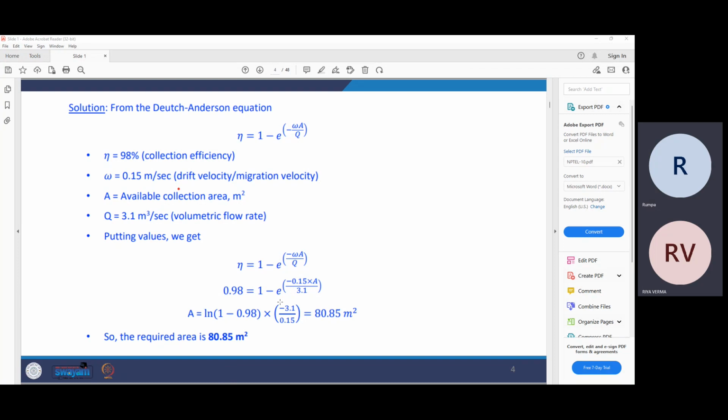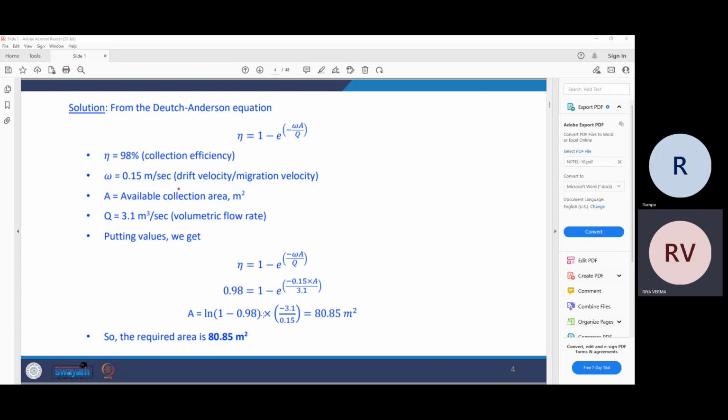Okay, then we just need to take antilog on both sides. So antilog of e raised to the power something will just cancel out, and on the left hand side we'll be left with minus 0.15 into A by 3.1. On the right hand side we'll have antilog of 1 minus 0.98.